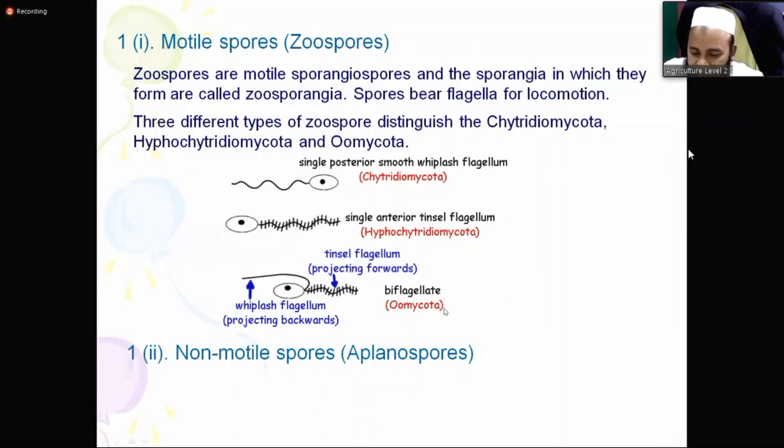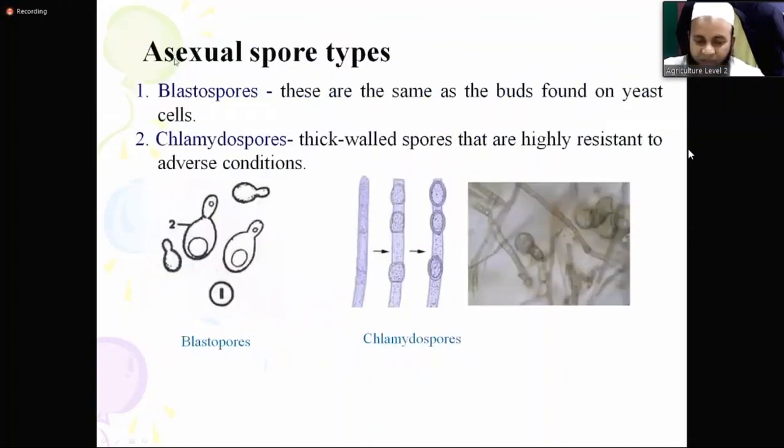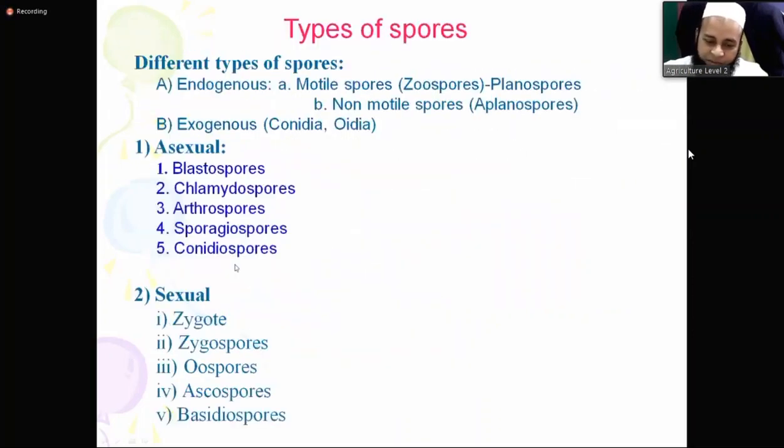So this is the group Oomycota. Oomycota. I believe you understand. My PhD was on Oomycota. And non-motile spores, aplanospores, are normal spores; we will discuss them later. So the second type is the asexual spore type.